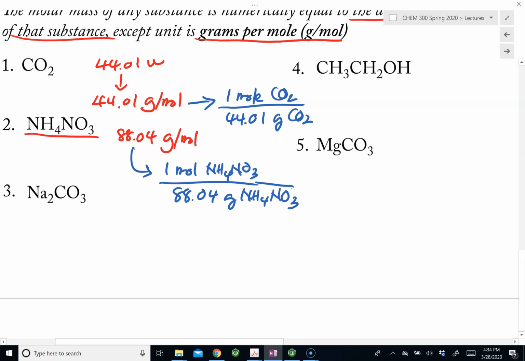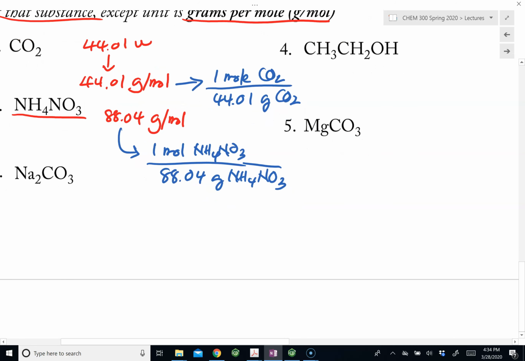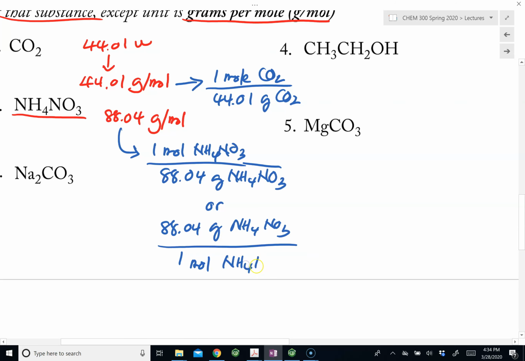So that's the set of conversion factors that we can write. And of course, we can also write the reciprocal, where we have 88.04 gram of ammonium nitrate on the numerator, and on the denominator, we have 1 mole of ammonium nitrate.